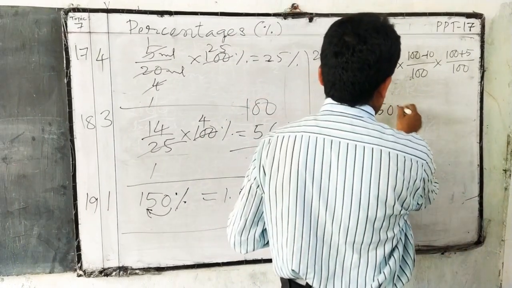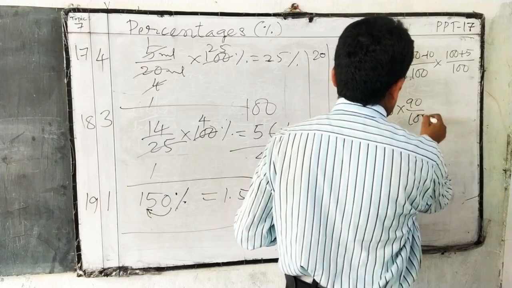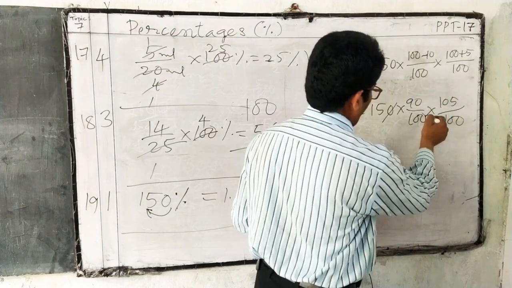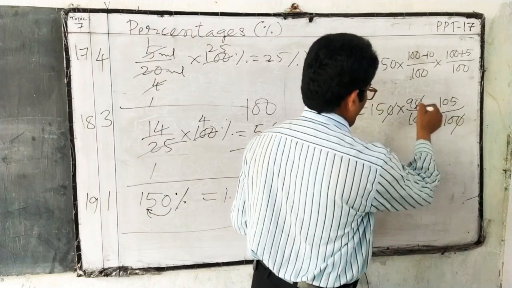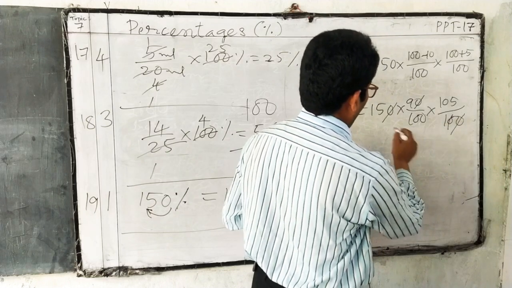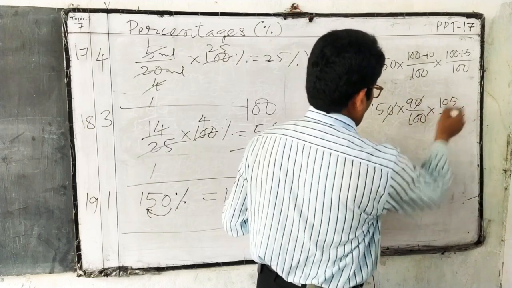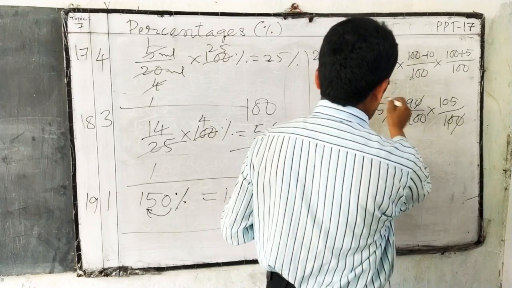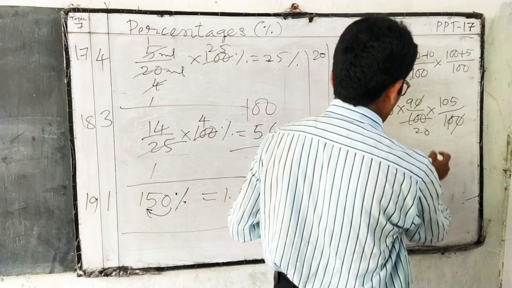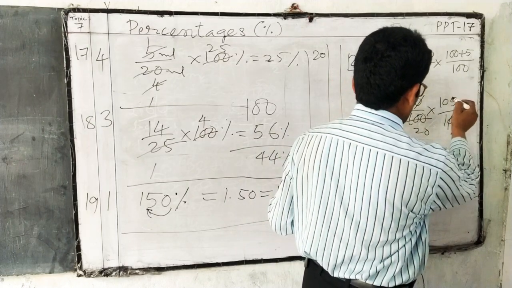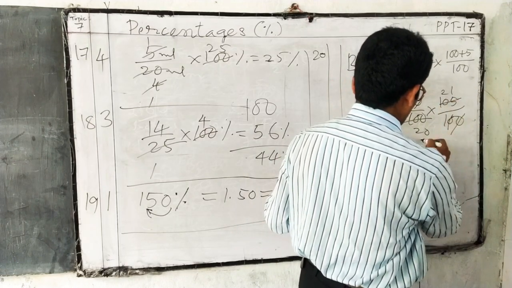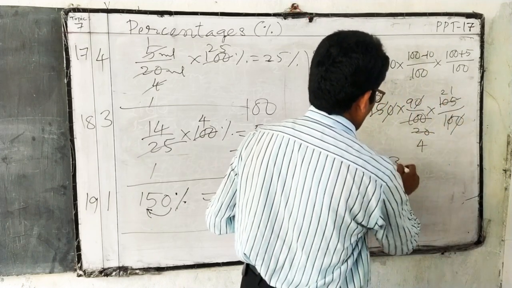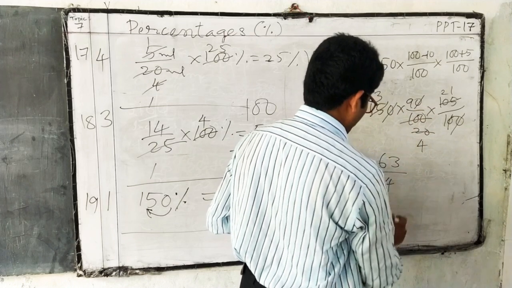So 150, 90 by 100 into 105 by 100. 0, this 0, 0, one more 0. Now we have to multiply. 15 5s are 75. We can cancel 5 3s, 5 20s, 5 2s, 5 1s, 5 4s. 3 1s are 3, 3 2s are 6 by 4.